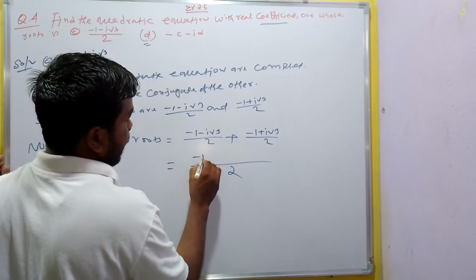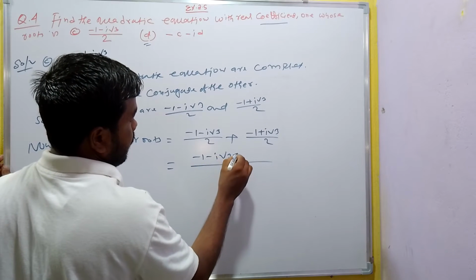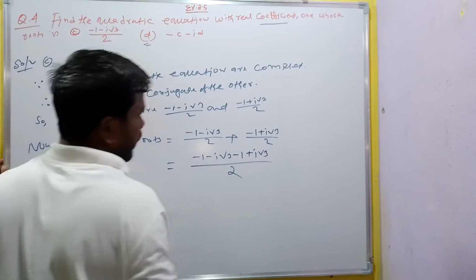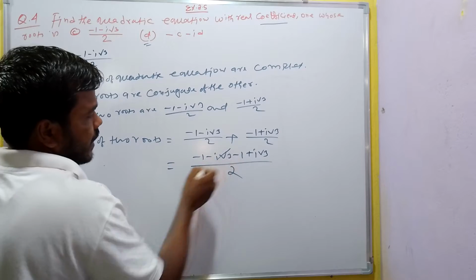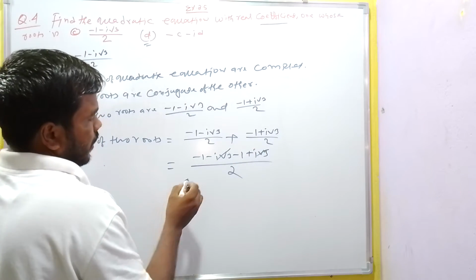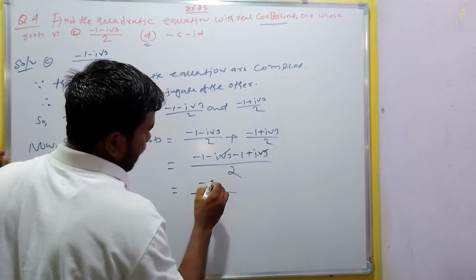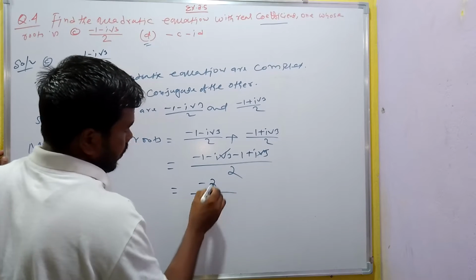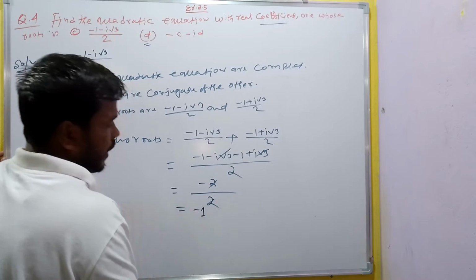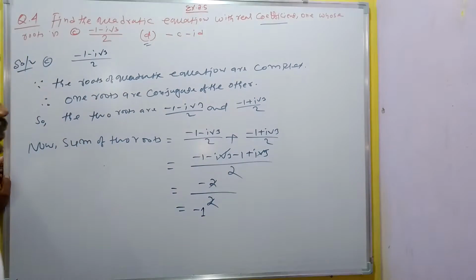Then write -1 - i√3 - 1 + i√3. Now you can see this -i√3 and this +i√3 will cancel. Now you get -2 by 2, cancel this, so the sum is -1.